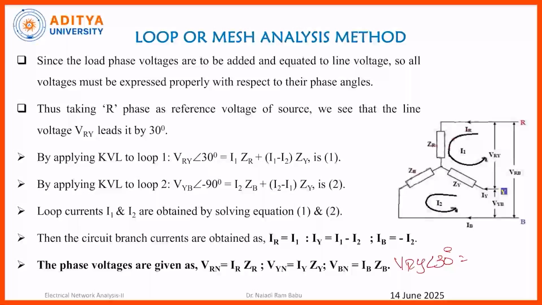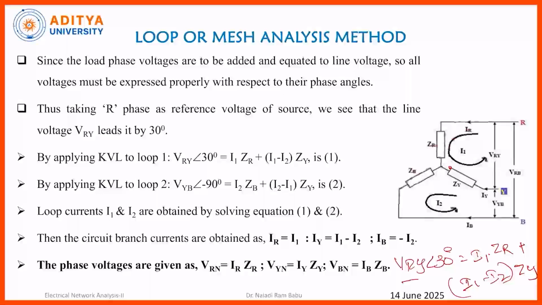Now I am going for VRY, at an angle of 30 degrees. So VRY is equal to I1 into ZR plus, at this node, I1 is entering and I2 is leaving. Therefore, it will be (I1 minus I2) into ZY. That means one current is entering and another current is leaving the node, so entering is positive and leaving is negative.